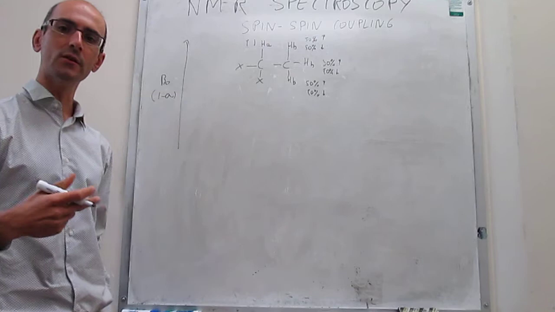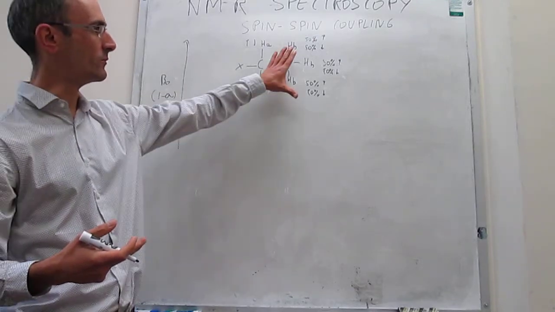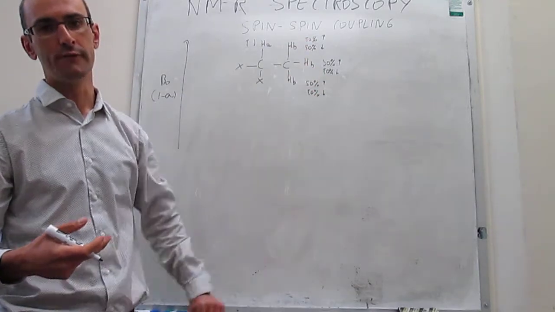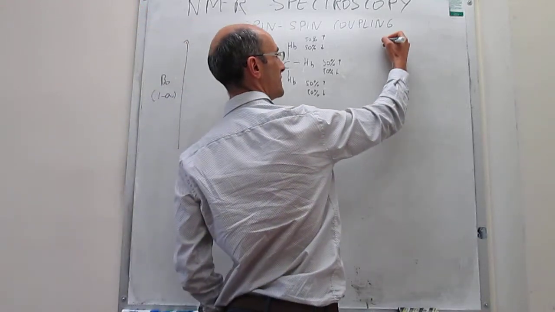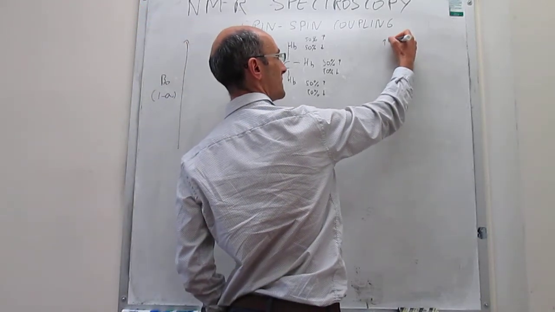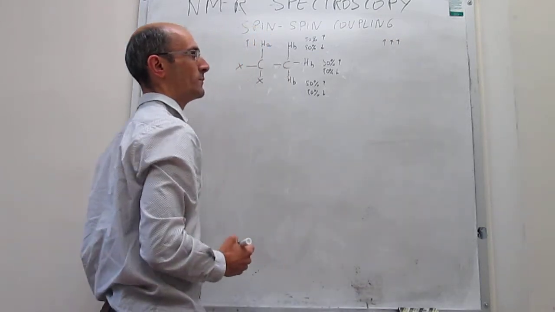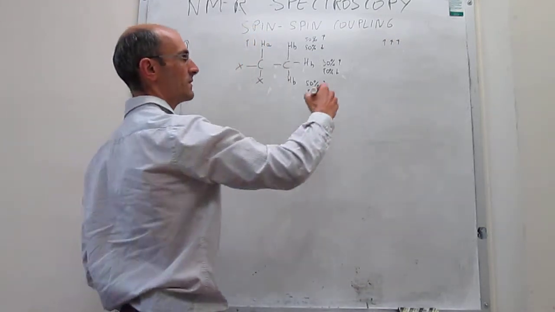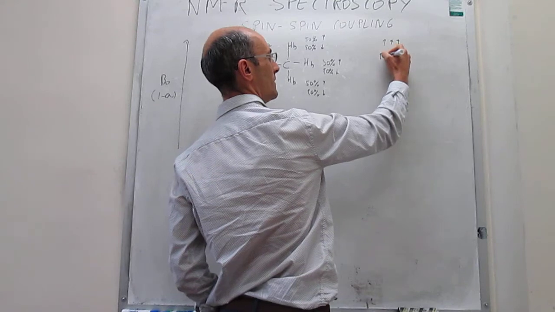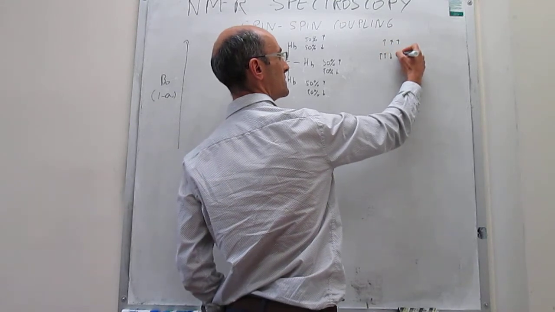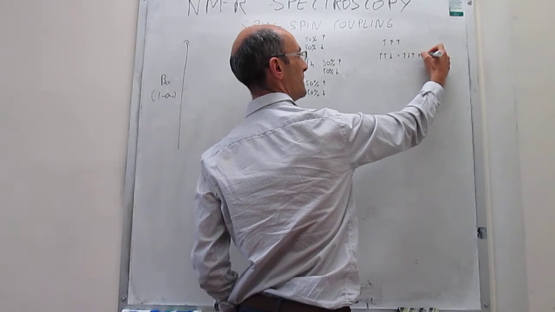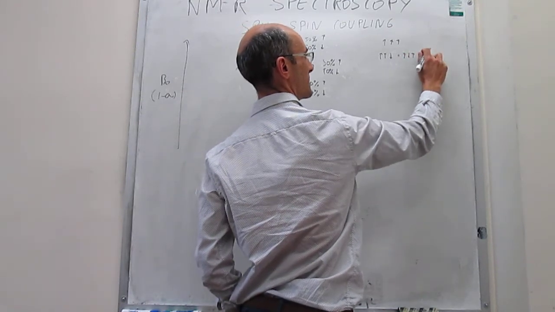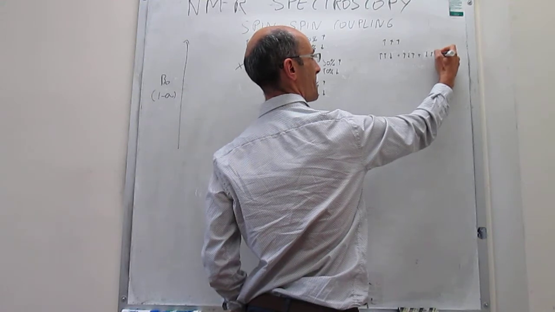When we analyze the combinations of all of these spins, one of the possible combinations is that the 3 spins of HB are pointing up. Another possibility is that 2 of them are pointing up and 1 is pointing down, and these situations are all the same; the overall magnetic field is exactly the same in all of them.